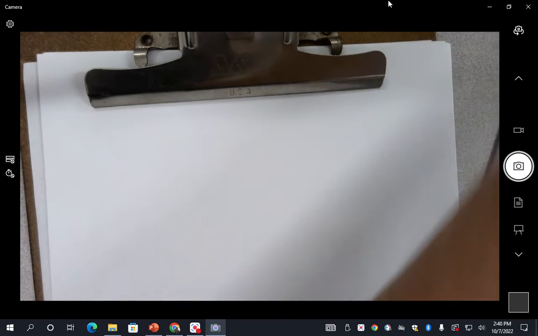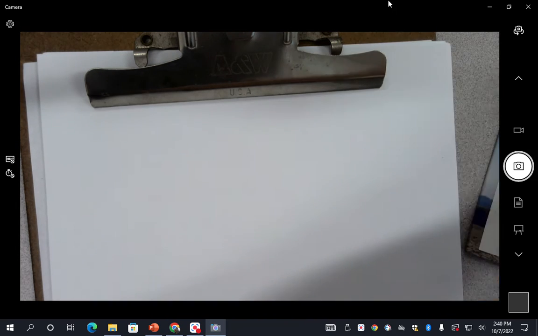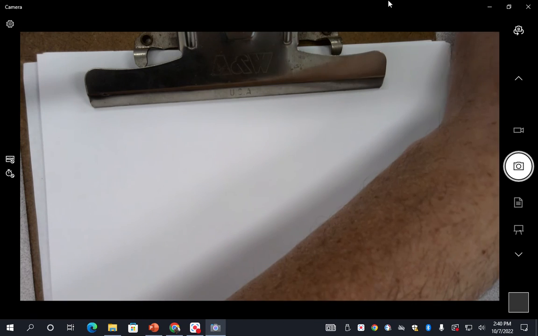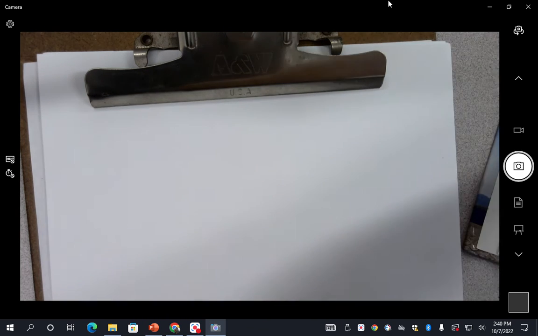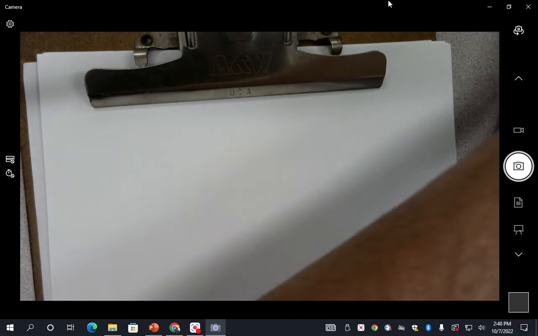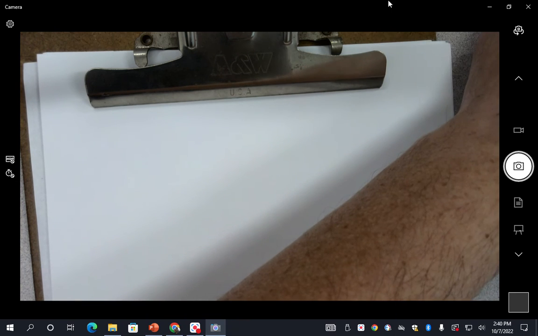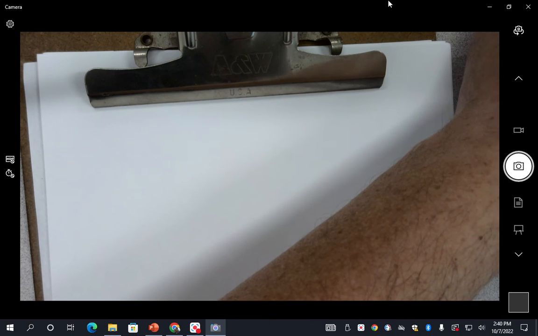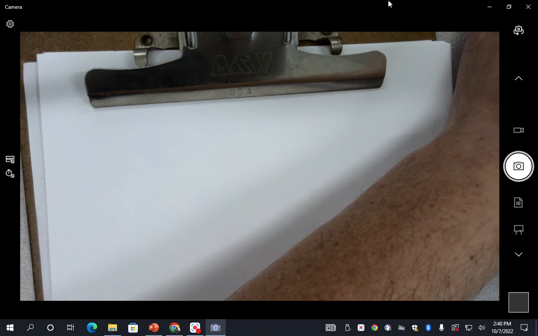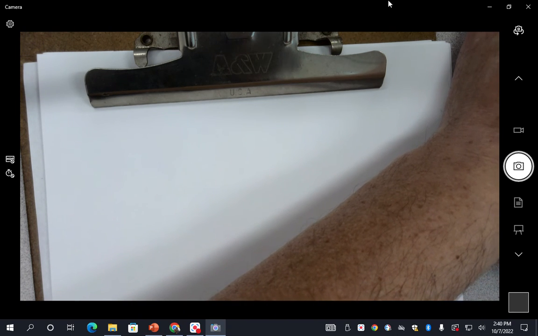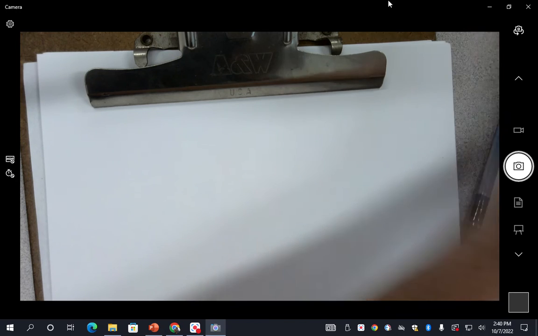I rarely will do an oblique problem, because they take a little bit long, so it has to be a pretty simple oblique problem most of the time for me.